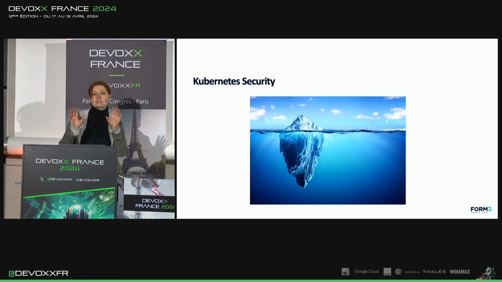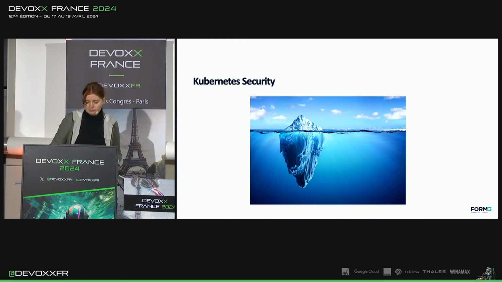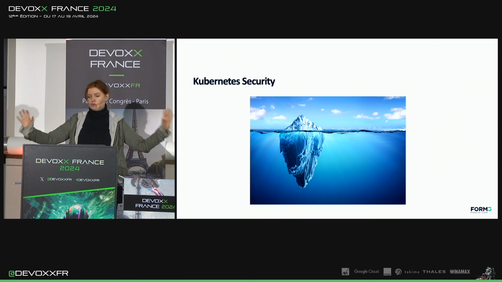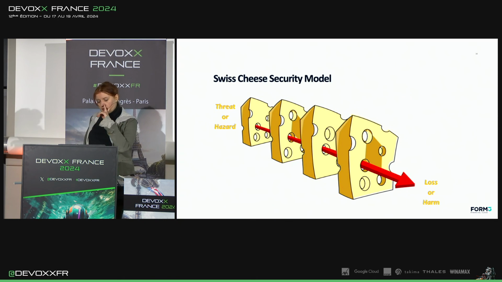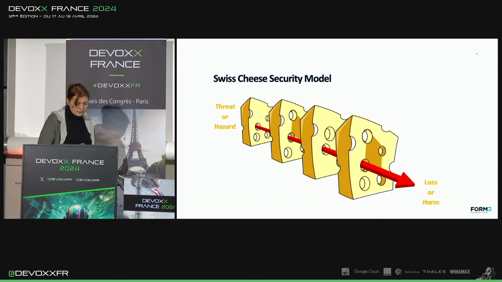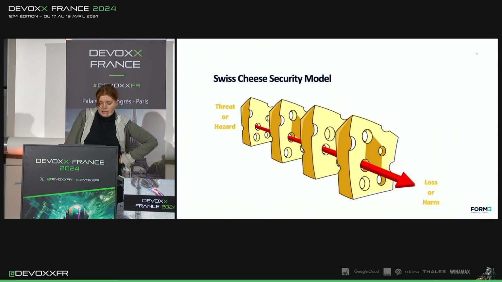I can tell you that this is only the tip of the iceberg when it comes to Kubernetes security. That's a huge, wide topic. I could go on and on, but we are running out of time. It's worthwhile to remember the Swiss cheese security model. Why?